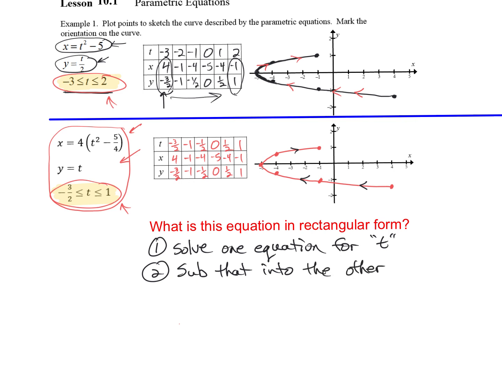That will eliminate the t. It's called eliminating the parameter. Or get rid of the t in this case.